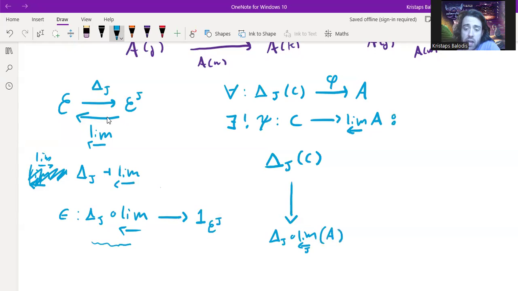But of A, here's going to be my epsilon at A. Here is going to be delta J of psi. And here I should have A, and I should have my phi.